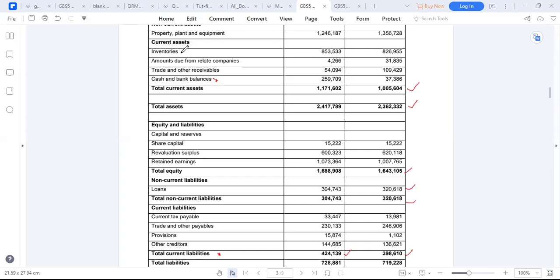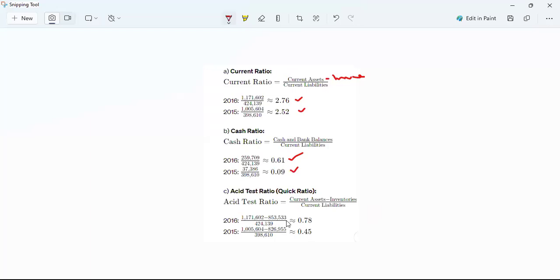Inventory is our stock. So we remove the 800 stock on each of them. So here we have 853, 826. So here we have 0.7 and 0.45. Are we together?